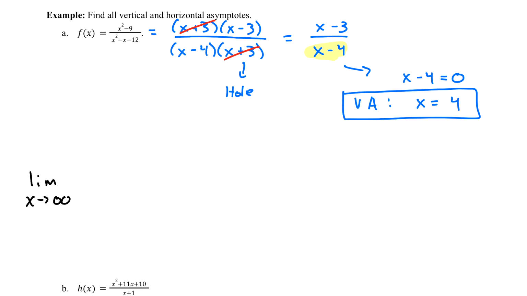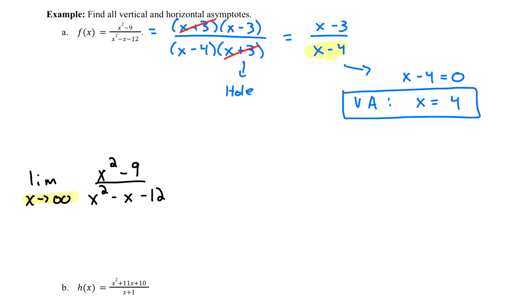So I'm going to look at the limit as x approaches infinity of my function f of x here. I'm going to take this unsimplified version now, and I'll show you why in just a moment. I want to look at the limit as x approaches infinity of x squared minus 9 over x squared minus x minus 12.